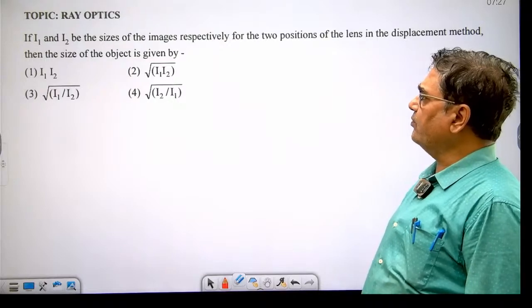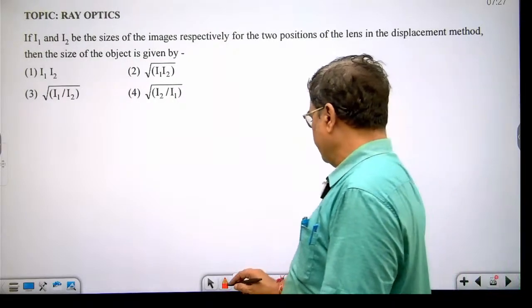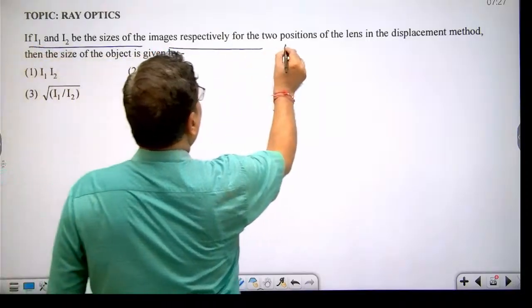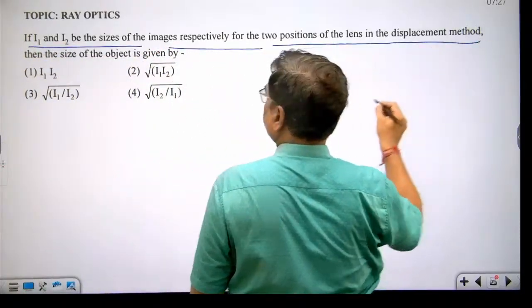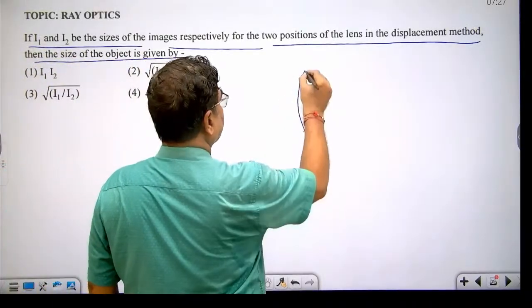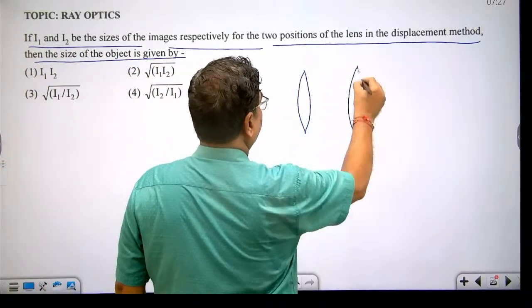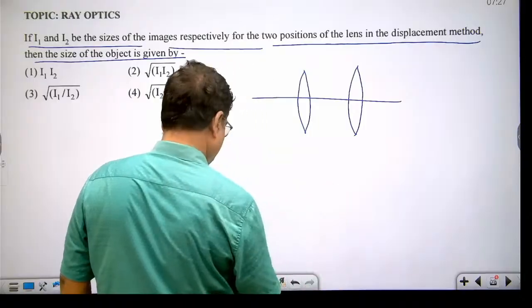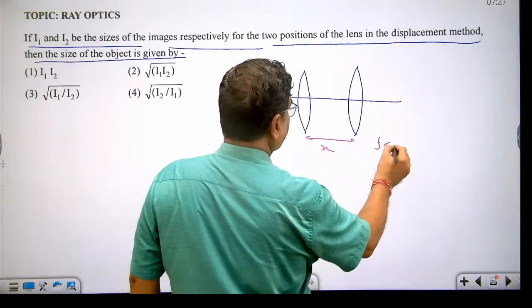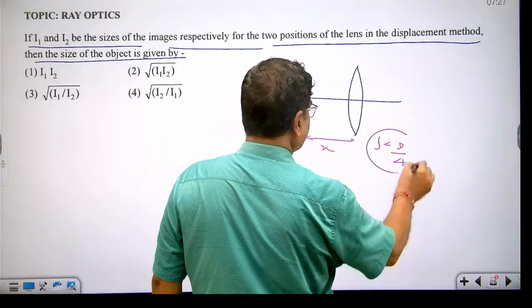If I1 and I2 are the sizes of the images respectively for the two positions of the lens in the displacement method, then the size of the object is given by. This is the case of the displacement method. This is the displaced position. This method remains valid when the focal length is less than d by 4.